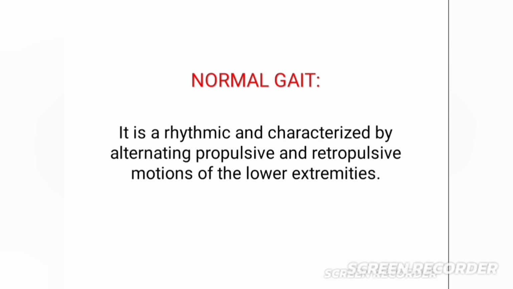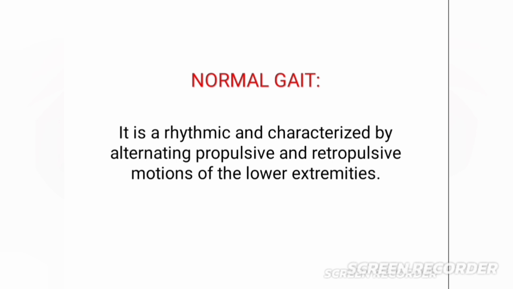Now what is the normal gait? It is characterized by the alternating propulsive and retropulsive motions of the lower extremity. When your leg takes a step in the forward direction, that is your propulsive phase. And when the other leg pushes against the ground, behind, that is your retropulsive phase.